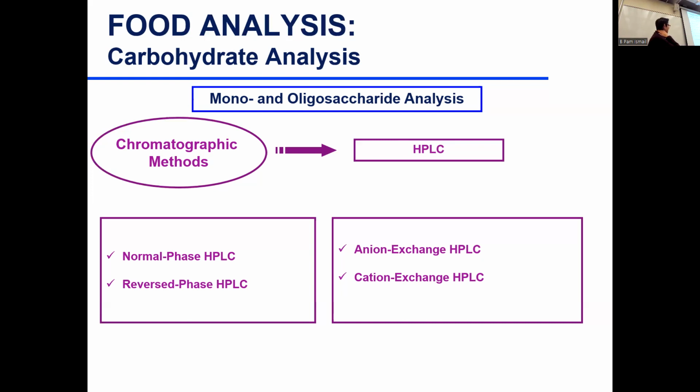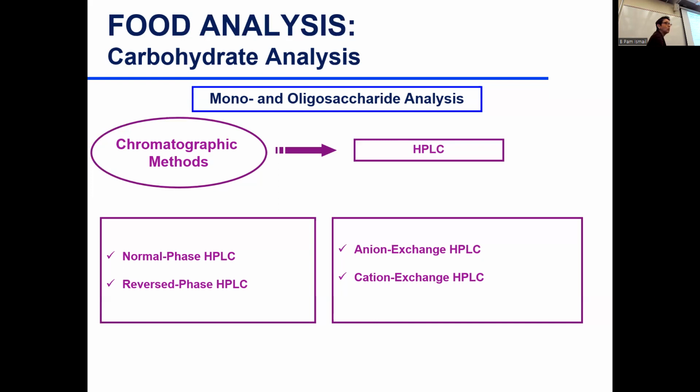So in normal phase, the separation is based on polarity, with the most polar reacting the most with your column because it is a polar stationary phase, and it will elute last. And the least polar will interact the least with your stationary phase and will elute first because your mobile phase is non-polar. In reverse phase, it's the opposite.